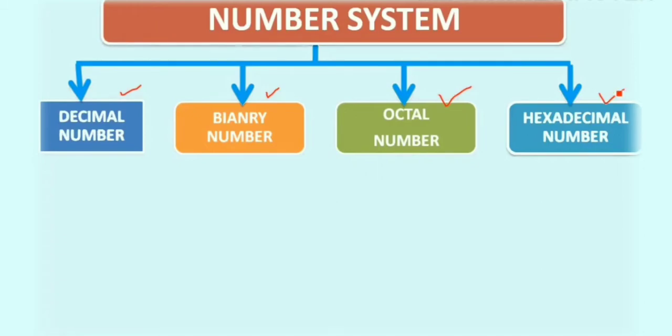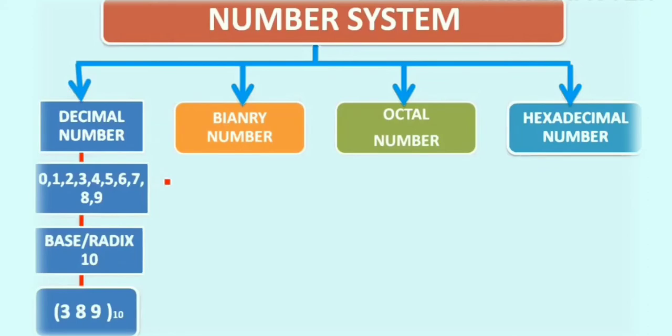First is the decimal number system, which we all use in mathematics: 1, 2, 5, 6, 100, 12. These are all decimal numbers. The decimal number system has 0 to 9, all together 10 digits: 0 1 2 3 4 5 6 7 8 and 9. If you count them you will get 10.